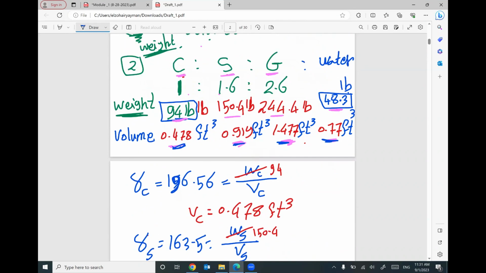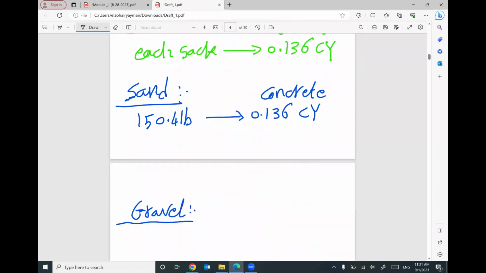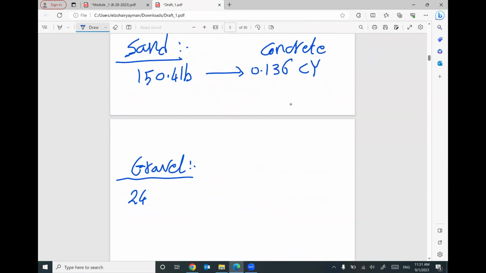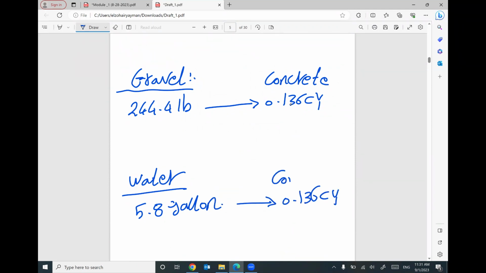For every 244.4 pound of gravel, I can produce 0.136 cubic yard of concrete. For water, for every 5.8 gallon of water, I can produce 0.136 cubic yard of concrete.